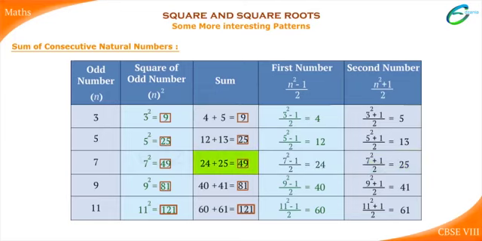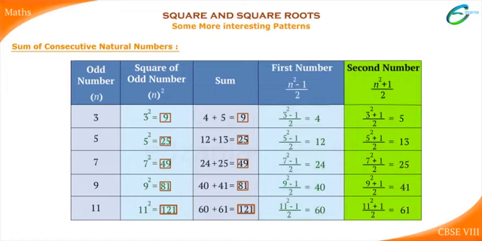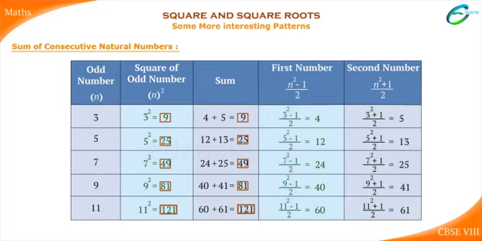The sum 24 plus 25 gives 49. Similarly, for all the squares of odd numbers, we can find the sum of two consecutive natural numbers by finding the first number using (n square minus 1) upon 2 and the second number using (n square plus 1) upon 2.